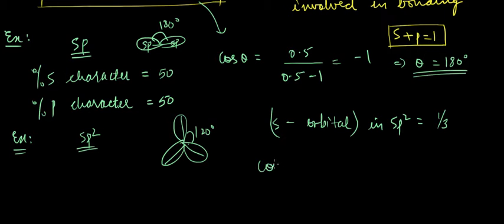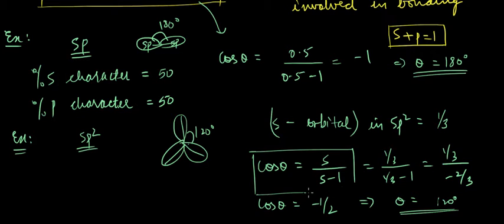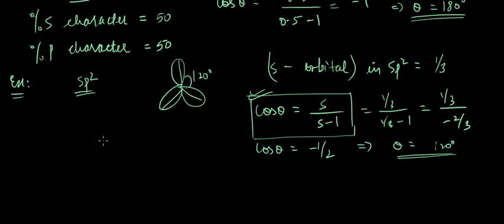So just putting it in the formula, that is s upon s minus 1, it is 1 by 3 divided by 1 by 3 minus 1, that gives us cos theta equal to minus 1 by 2. So theta equals 120 degrees. Okay, so from here with the relationship between theta and s orbital we are deriving the same result.